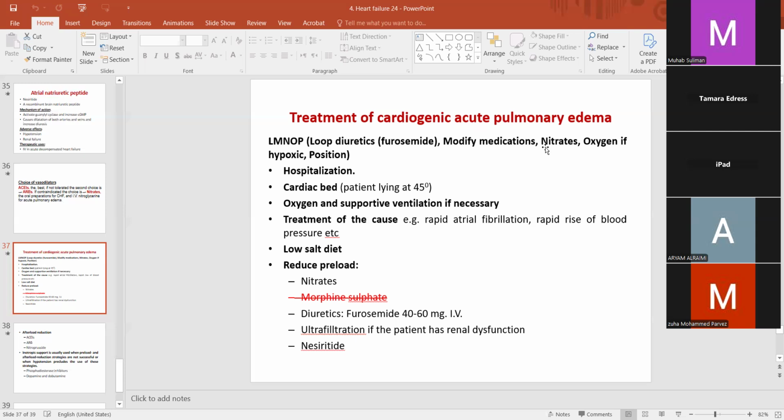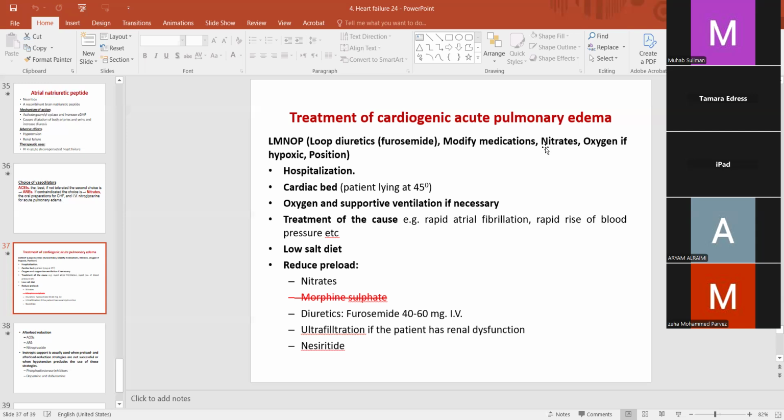How can we manage this patient? It depends on the patient and on the progression of the acute heart failure. If the patient is hemodynamically stable, we use LMNOP, from L to P. L is for loop diuretics.